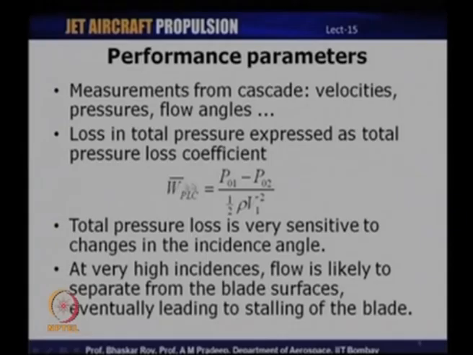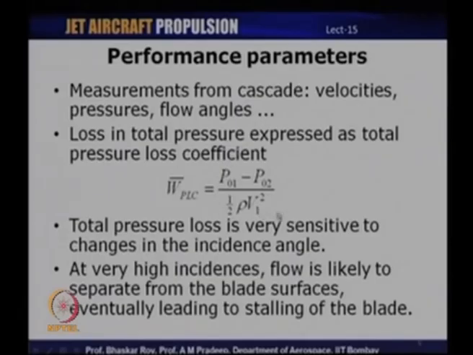The total pressure loss coefficient, which is denoted here as W subscript PLC, the pressure loss coefficient, is equal to P01, which is the total pressure at the inlet of the cascade, minus P02, that is the total pressure at the outlet of the cascade, divided by half rho V1 squared, where V1 is the velocity at the inlet.